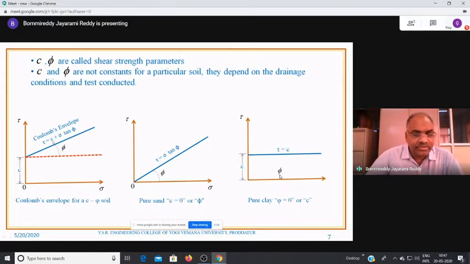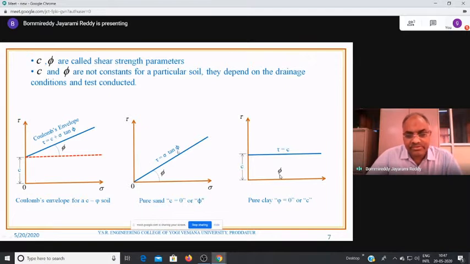In some specific cases, C is equal to 0. When C is equal to 0, that is cohesionless soil. When there is no C, it is cohesionless. For cohesionless soil, tau is equal to sigma tan phi. You can look at the next one, where the y-intercept C is equal to 0, and it passes through the origin.